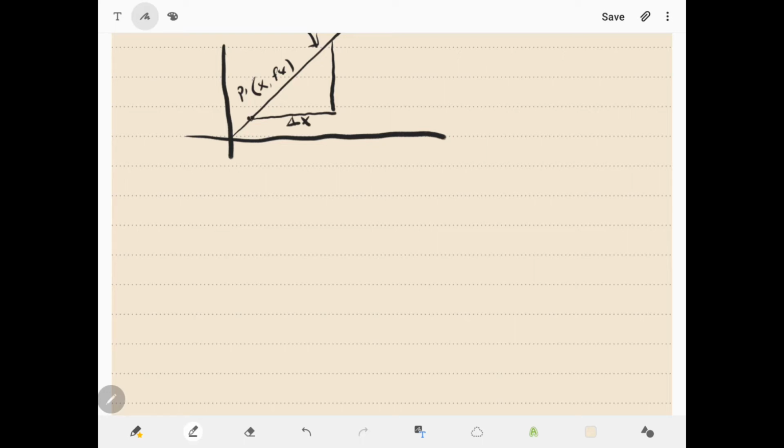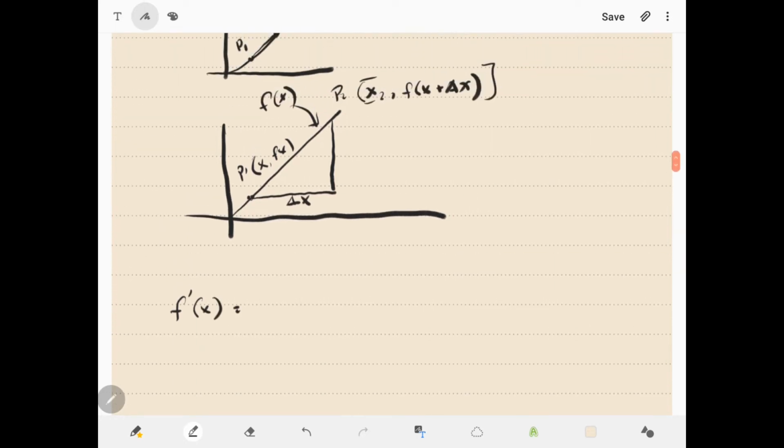The formula now is f prime, or the first derivative of a function x, is equal to y2, function of x plus delta x, minus y1 here, f of x, over this distance delta x, with limit as delta x approaches 0.